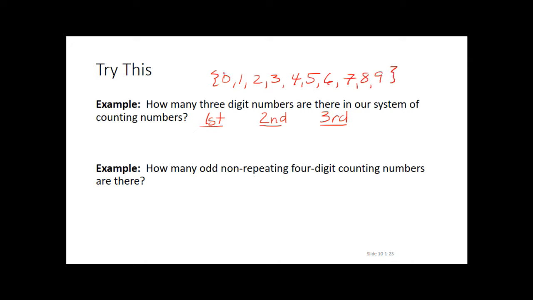And of course, we can never have a 0 in the first digit. Okay, so jot down how many ways you think the first, second, and third digits could be chosen. Let's see what you get.